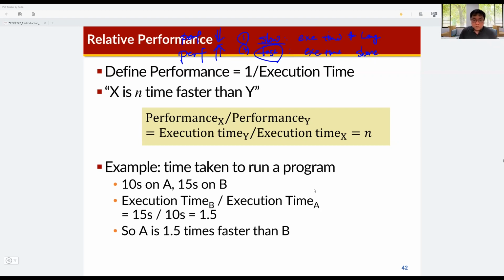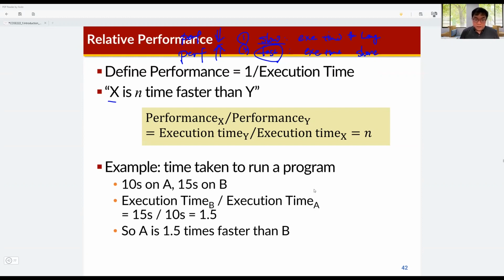We frequently say that computer X is n times faster than computer Y. It's the same if the system is not a computer: we can say that system A is n times faster than system B. In that case, we compare the performance with the ratio of two performance metrics.